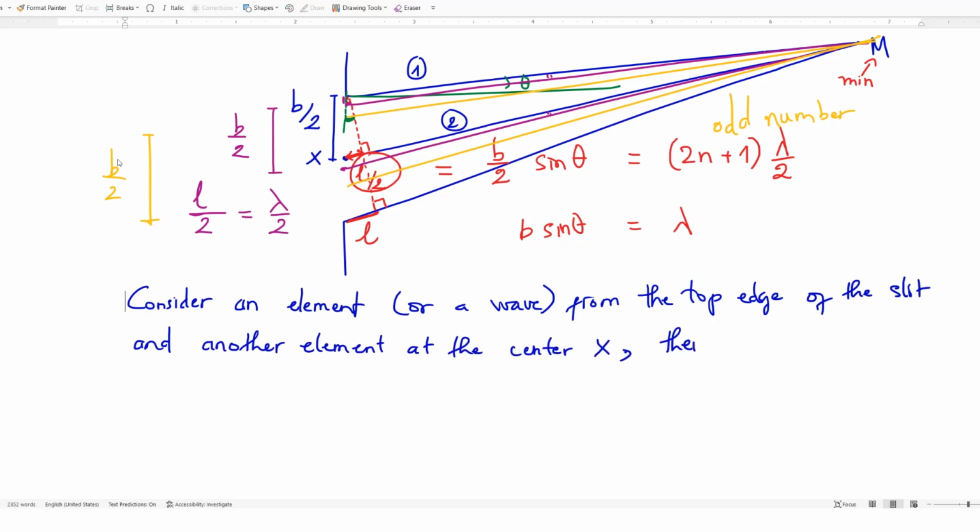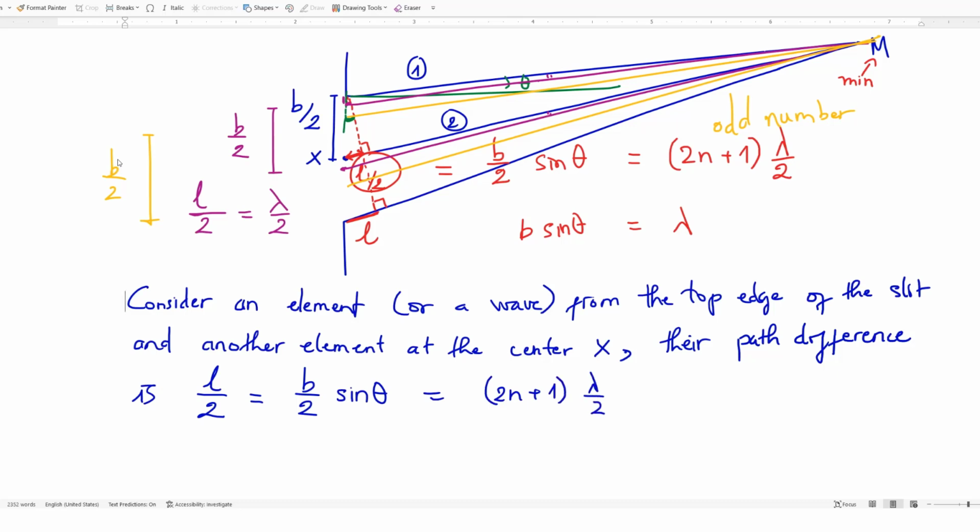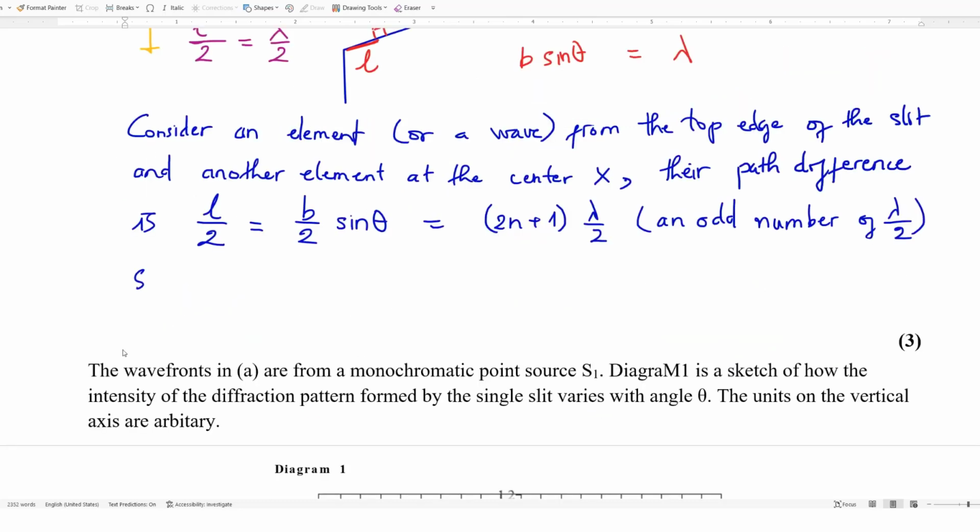Their path difference is L over 2, which is equal to b over 2 times sine theta, which is equal to an odd number, 2n plus 1, times lambda over 2. So they are destructive in phase.